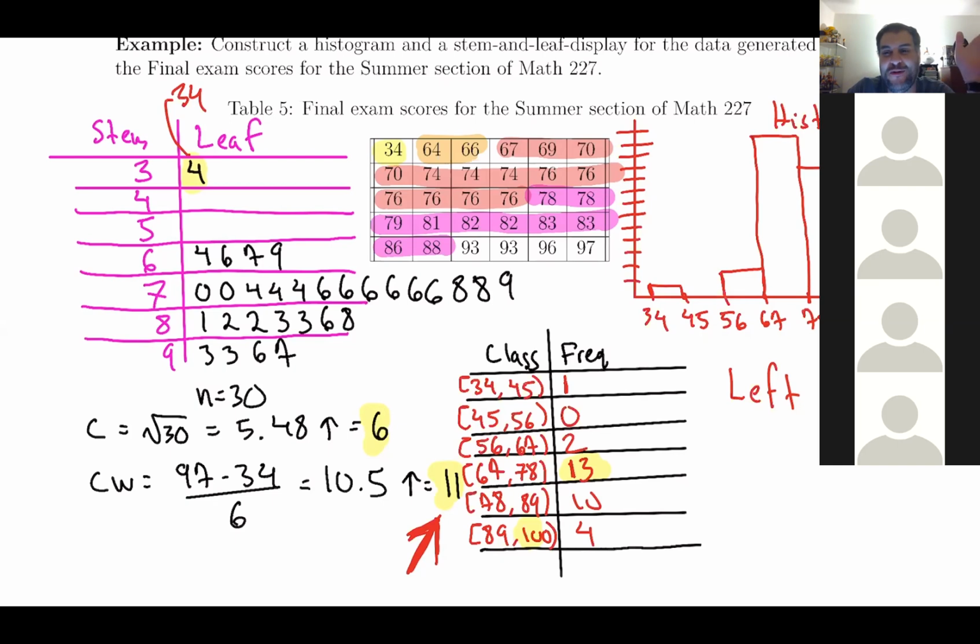One question will ask you what the classes are, what the class width is. Another question will ask you to do the table and stuff like that. So it shouldn't be that bad. All right. Any question in regard to this before I move on? Okay, all right.